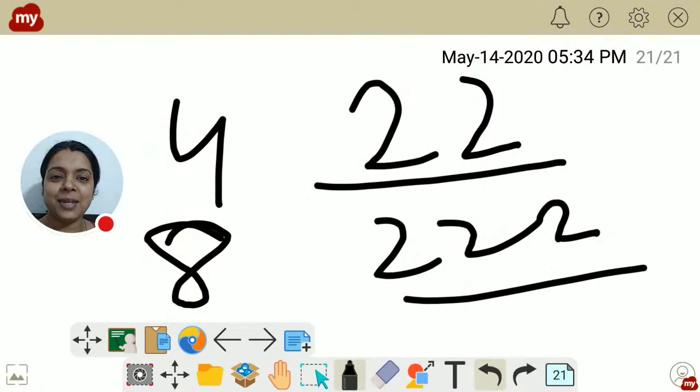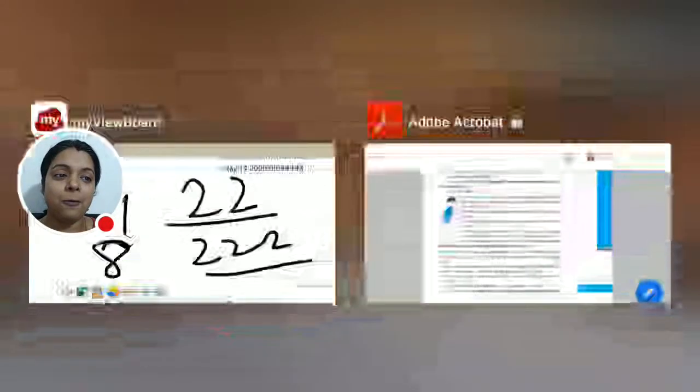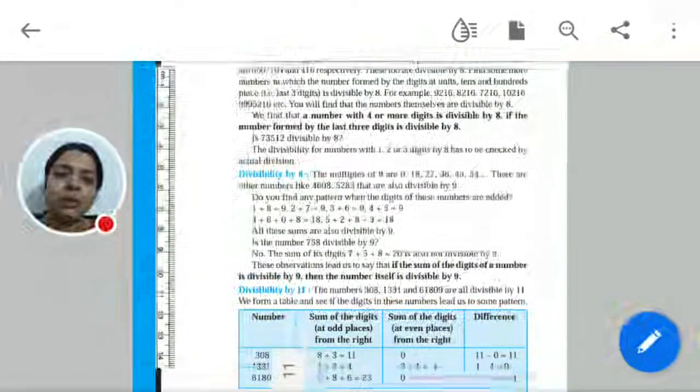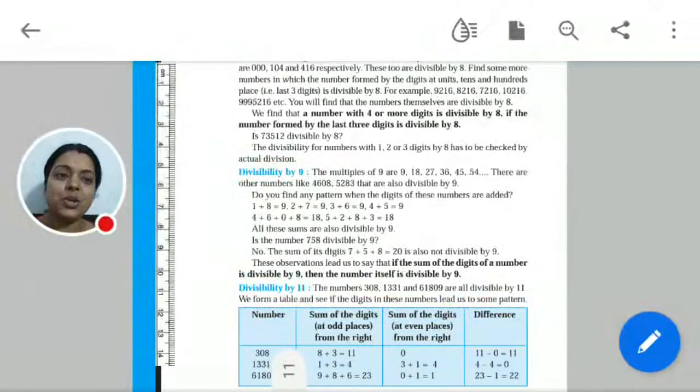Now the next one is 9. It is very much similar to 3. That's why I told you it is very much similar to 3. Let's see how. The rule of 9 says the same as what I told you for 3, if you add up all, the thing is somewhat different. What I did in 3, added up all the digits individually together, right?